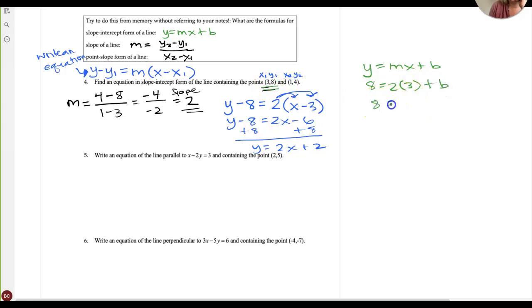So 8 equals 6 plus b, and when I subtract the 6 over, b equals 2. But that's not my answer. Sometimes students stop there. That's your y-intercept, and now you've got to get it into slope-intercept form. So we put 2 in place of our slope: y equals 2 times x, plus our y-intercept, 2.